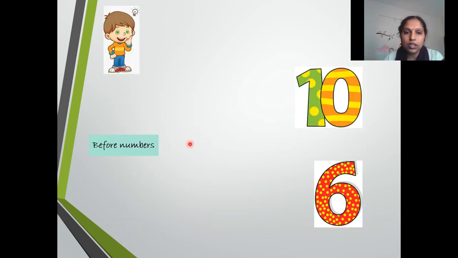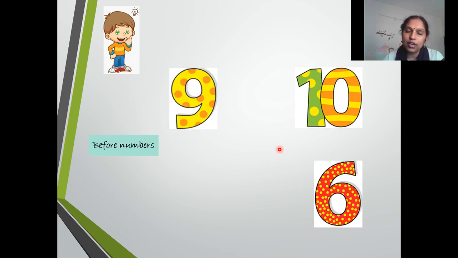Okay, now see some practice questions are given. What is the number given here? 10. Is 10 a single digit number or a two digit number? Yes, 10 is a two digit number. So for this number, we are going to find the before number. Tell me what is the before number of 10?